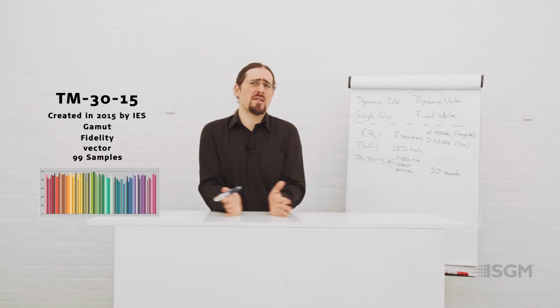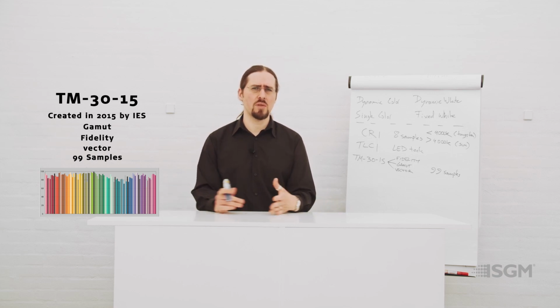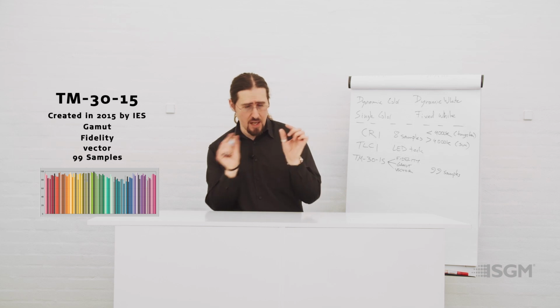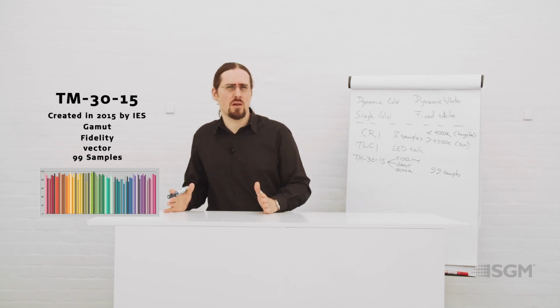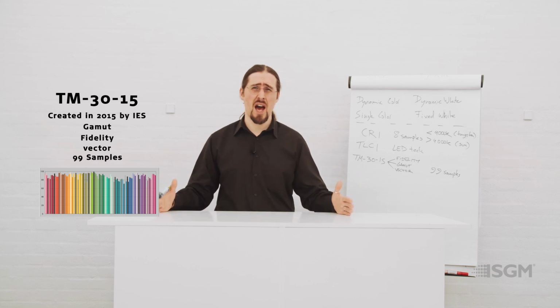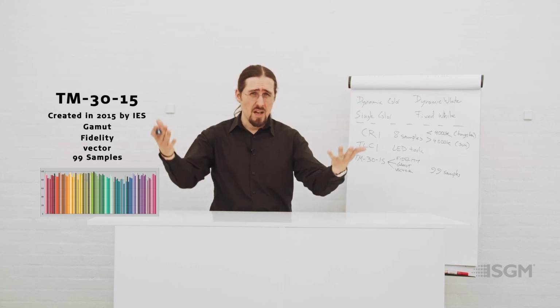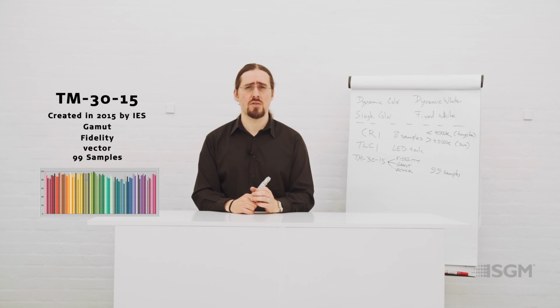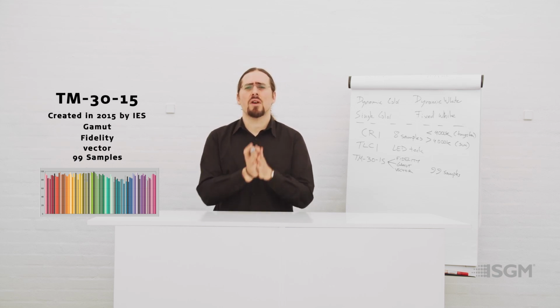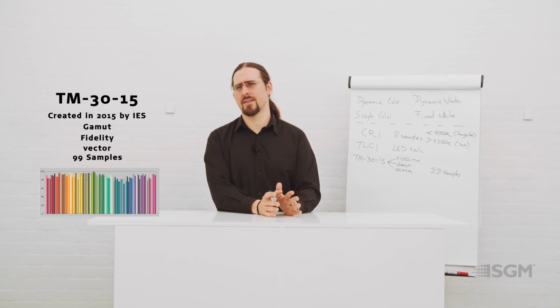You will know better how this light source will be able to reproduce not only the saturated colors and very key colors, but also the hues in between. So the more samples you have to compare against, in theory, perfect light sources, the more chances you will have to say, okay, this light source is very accurate.